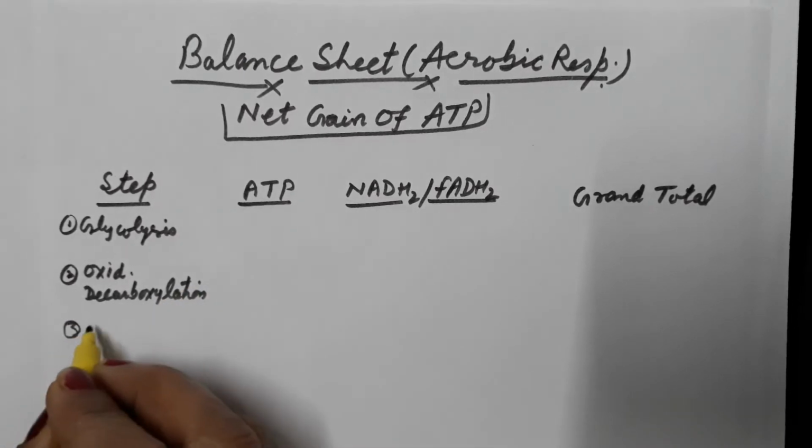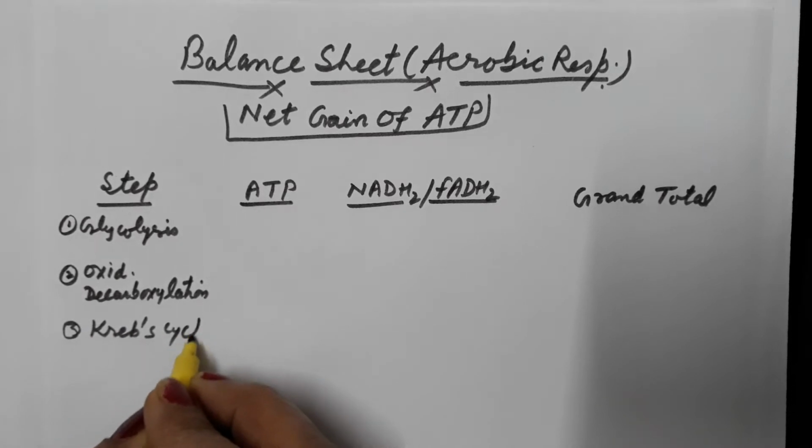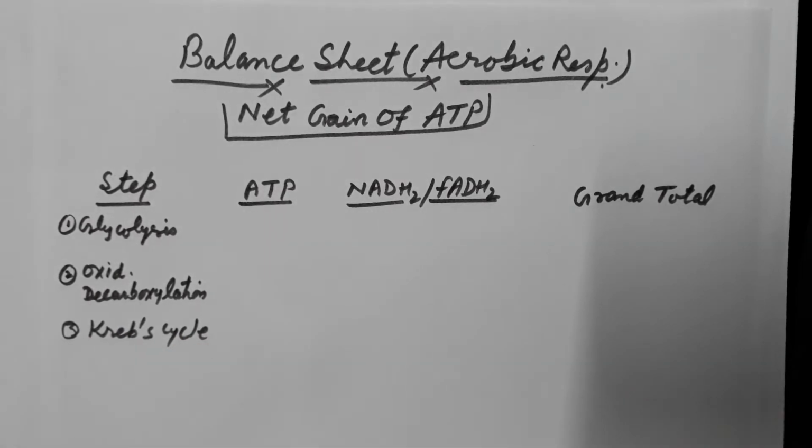Then the third step is the Krebs cycle. These are the steps where ATP and NADH2, along with NADH2, FADH2 is produced.